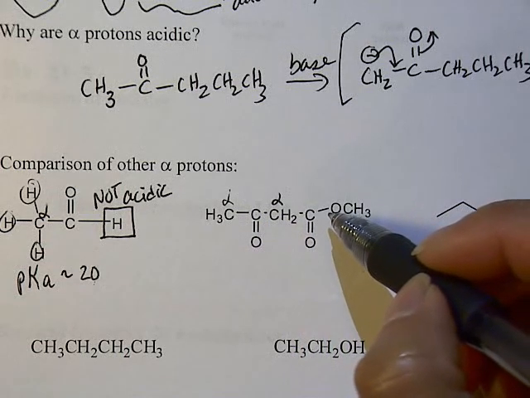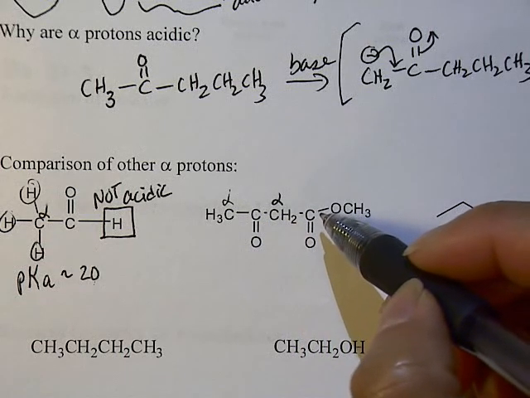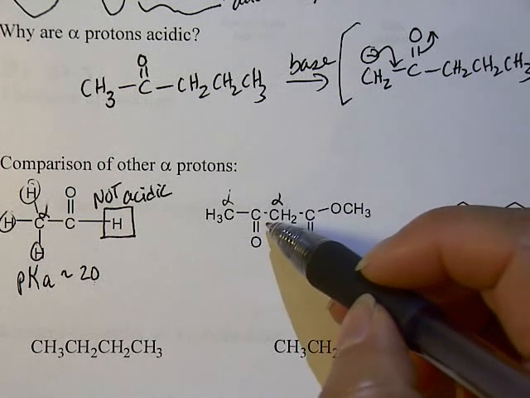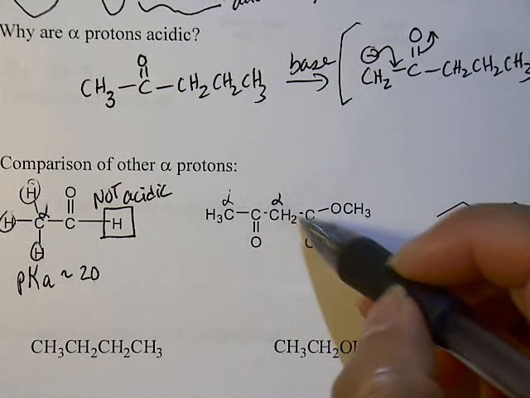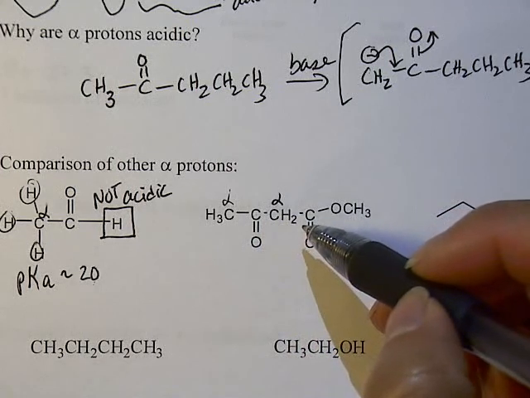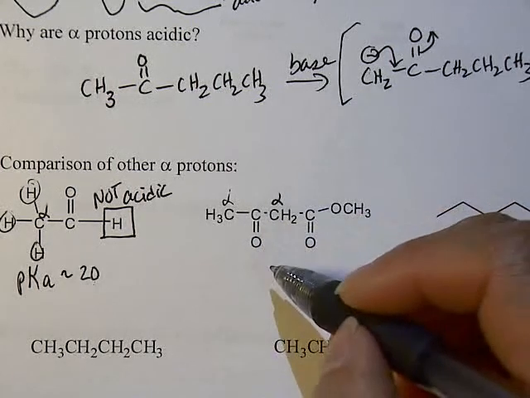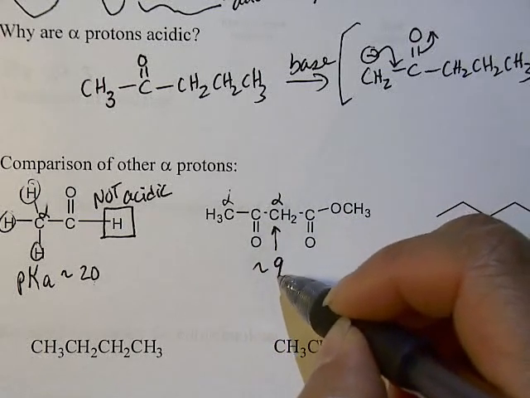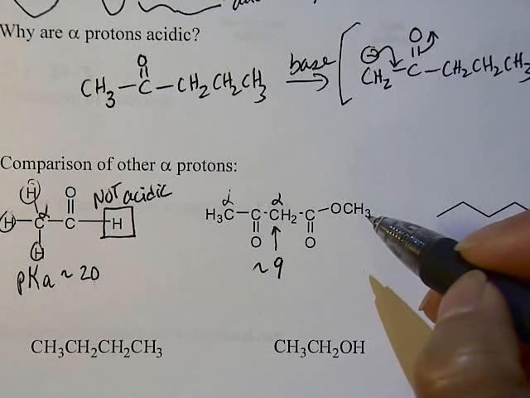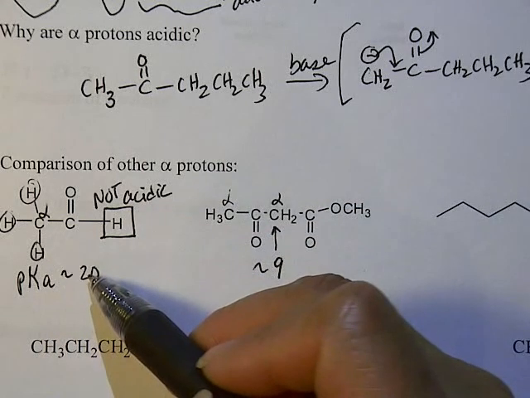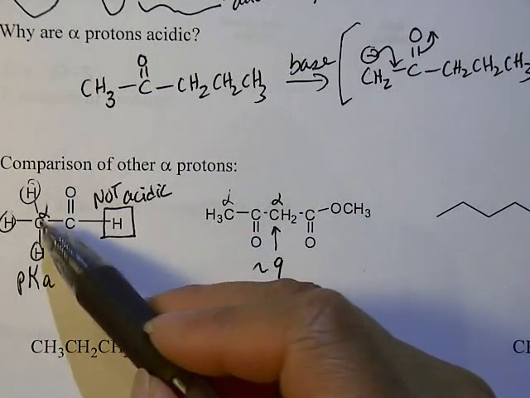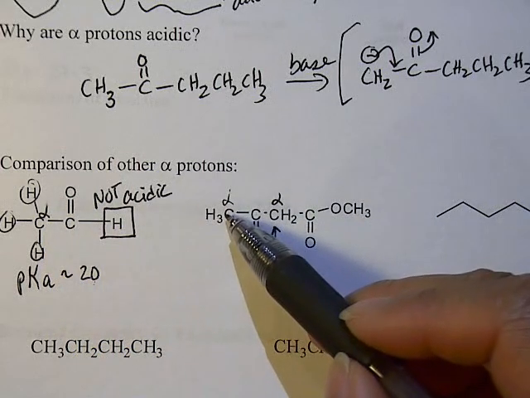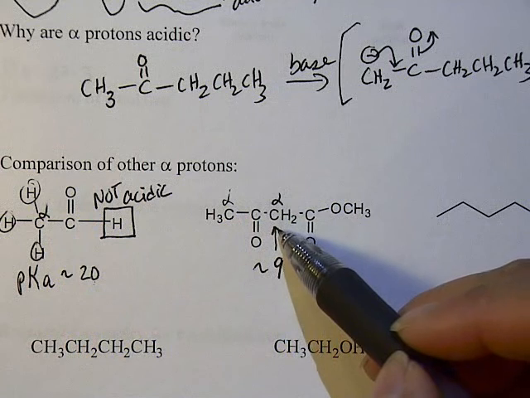This is a special case in which you could draw a resonance structure with this carbonyl as well as this carbonyl, so it's like doubly resonance stabilized. So the pKa of this proton right here is around 9, which is a lot more acidic than the usual alpha carbon hydrogens next to carbonyl. So this one right here will be about 20, but this one right here will be about 9.